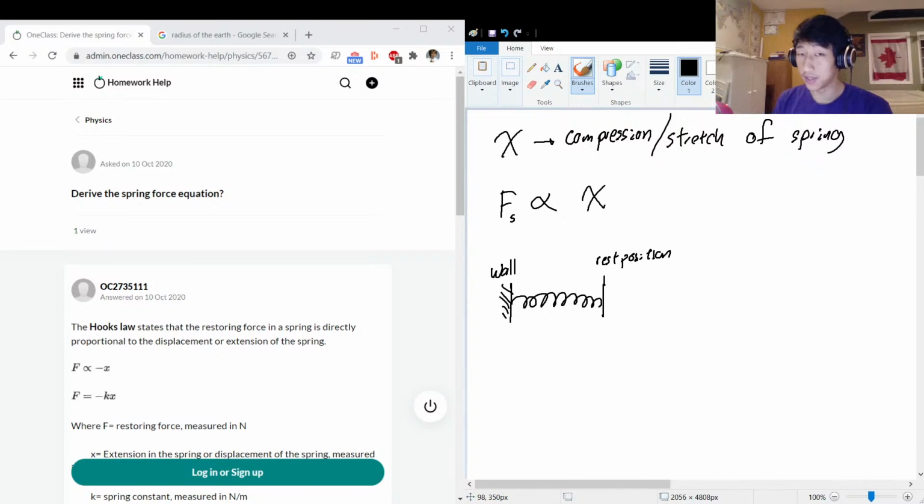When it's in its rest position, how much is it compressed or stretched? 0 meters, 0 centimeters. There's going to be no force here, right? If we have a compression this way, we know it's going to have a force that goes this way, F. And this distance here is x. This is a compression case.